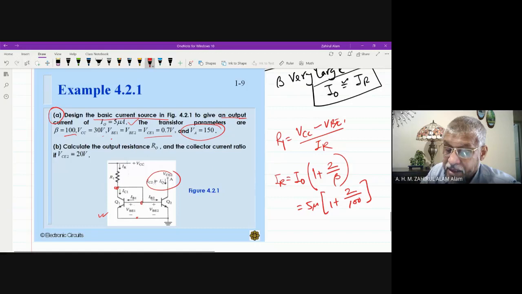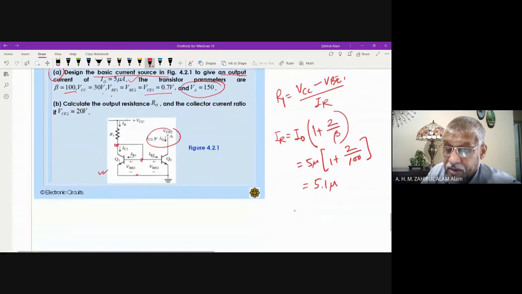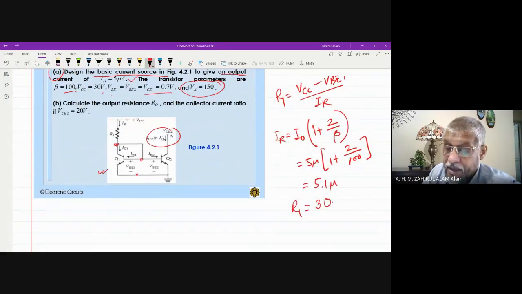So it becomes 5.1 micro. Now R1 will substitute 30 minus 0.7 divided by 5.1 micro. Then it is equal to how much?